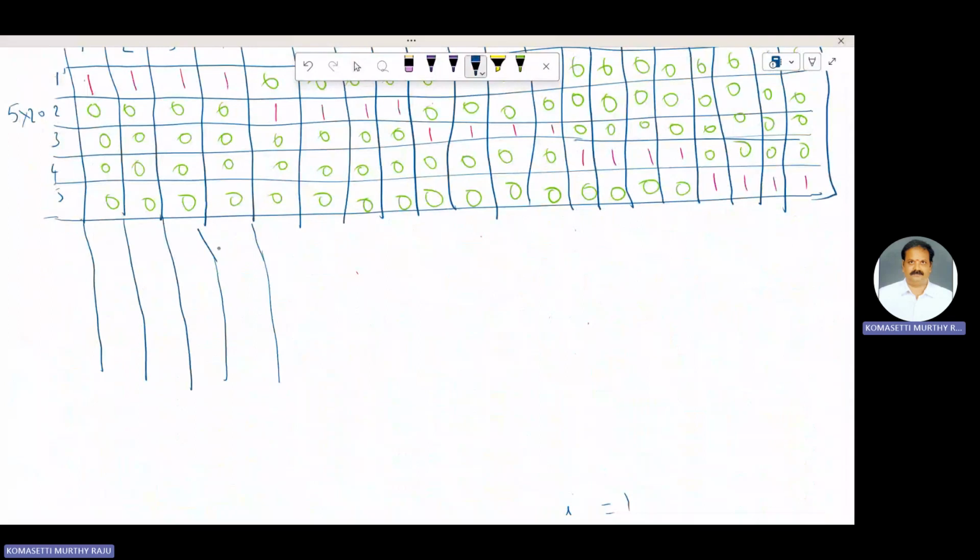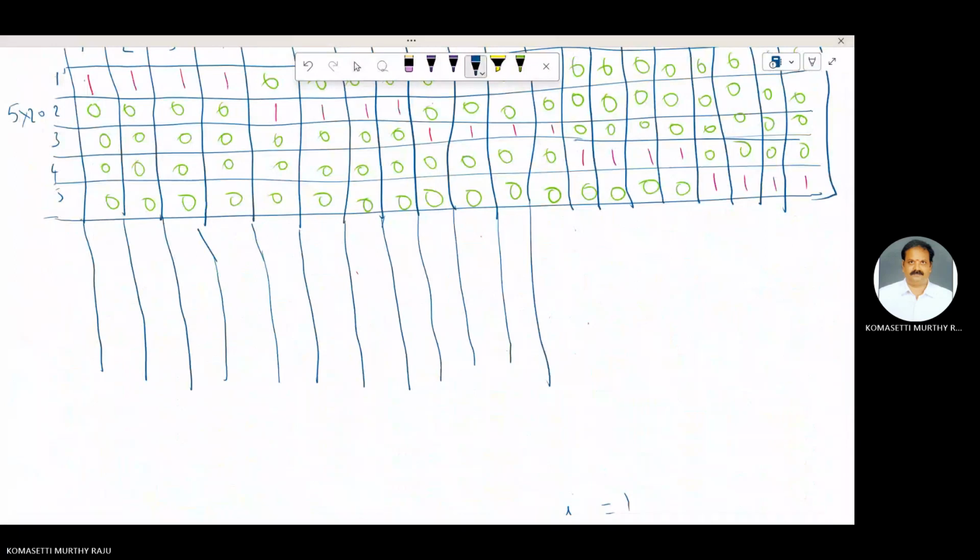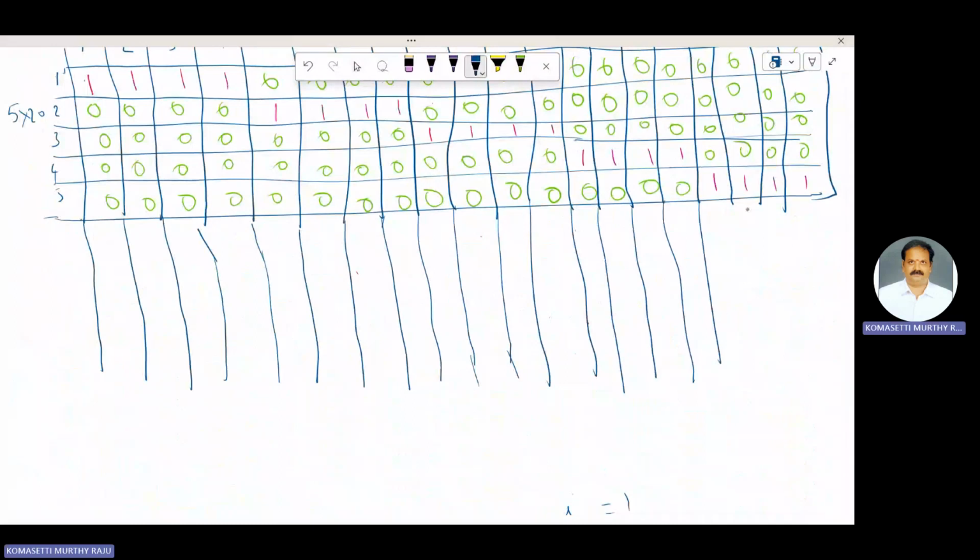Second, WC minus 1 matrices. That means WC here is 3, 3 minus 1, again two submatrices. You have to frame two submatrices of that H parity matrix.